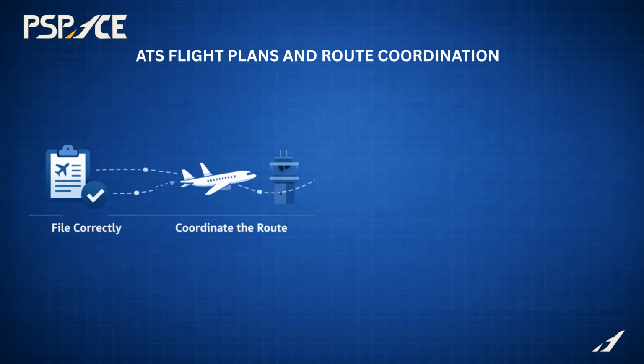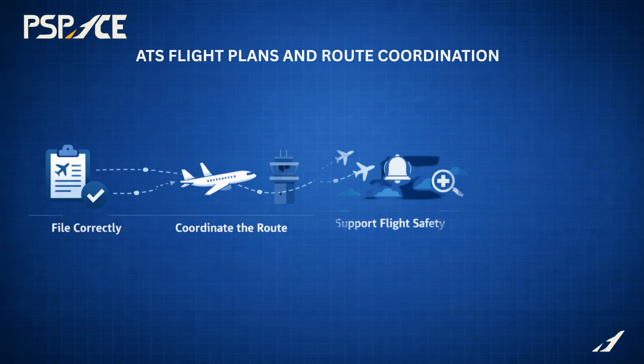A correctly filed plan supports coordination between ATS units, contributes to orderly traffic handling, and supports alerting and search and rescue functions if the flight later becomes uncertain or overdue. It also ensures that the planned route, intended flight levels, and applicable restrictions are visible within the system that will manage the flight.